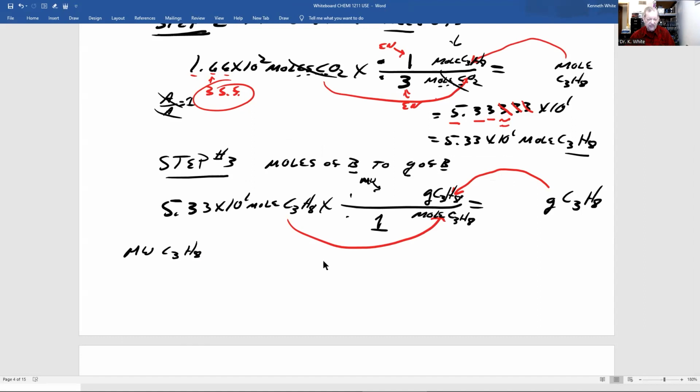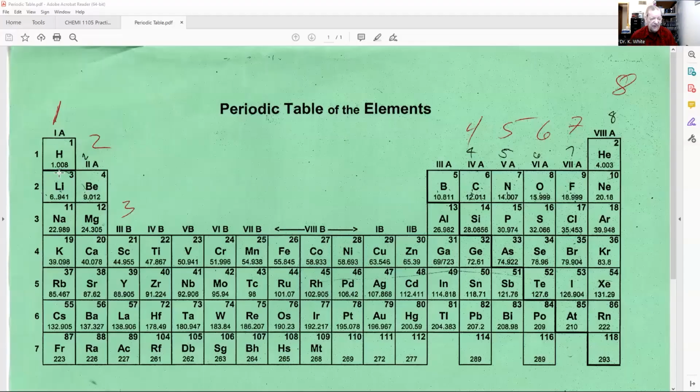And propane has 3 carbons, 8 hydrogens. And now I have to find the atomic weight, the 3 significant figures, for carbon and hydrogen. Hydrogen is 1.01. Carbon, to round 12.011 to 3 significant figures, is 12.0.